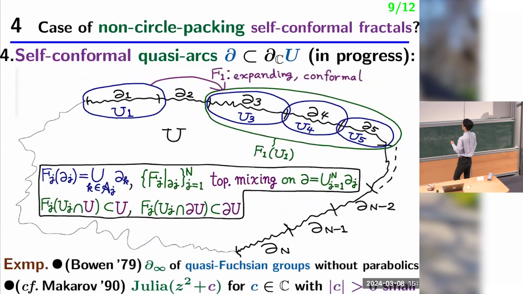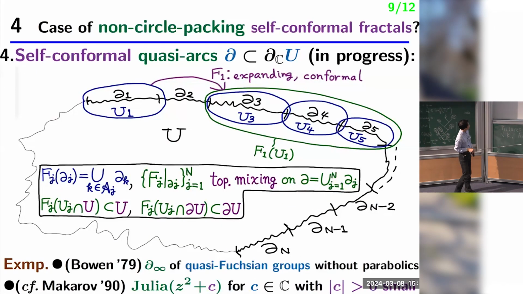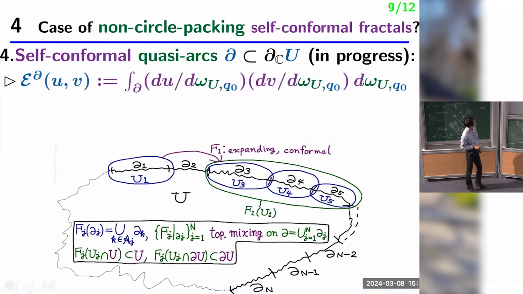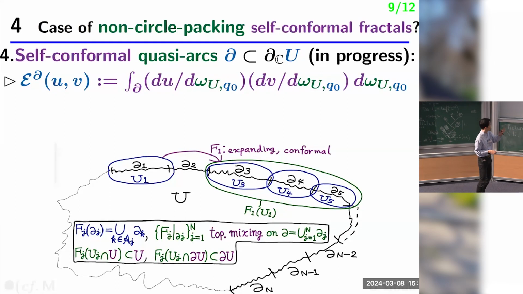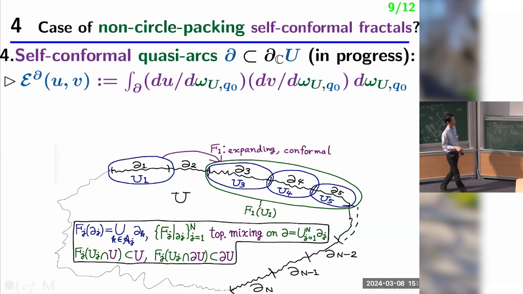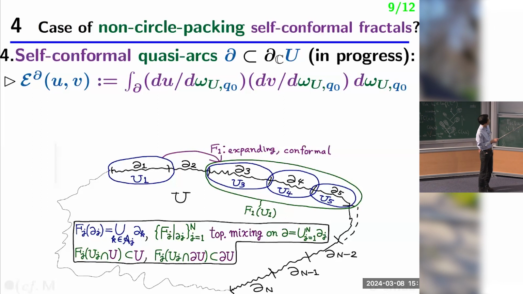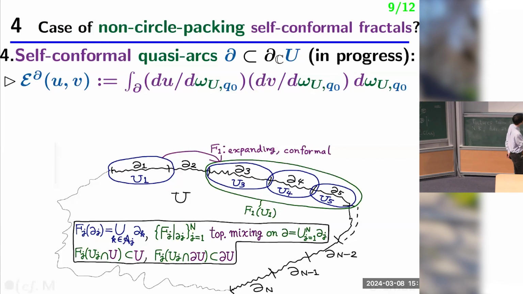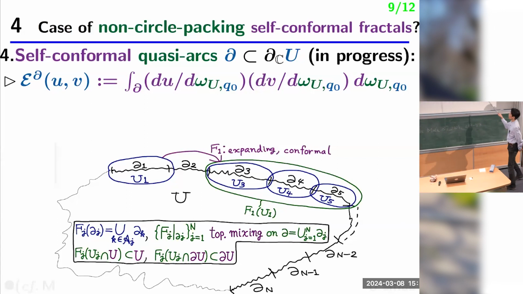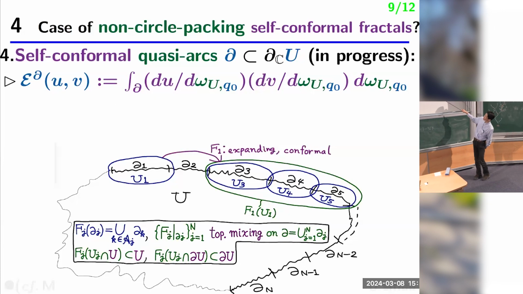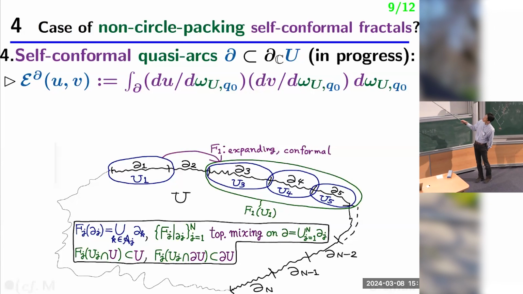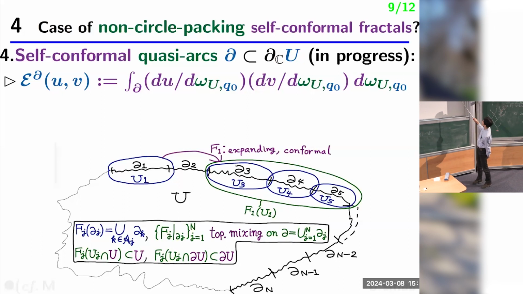Now, for this kind of class of fractals, I need to construct some suitable Laplace operator which respects the geometry in a nice way. What I do is to first use the harmonic measure on this curve, defined from the inside of this domain U, to define the Dirichlet form, or in other words, the values of the resistance on these curves.